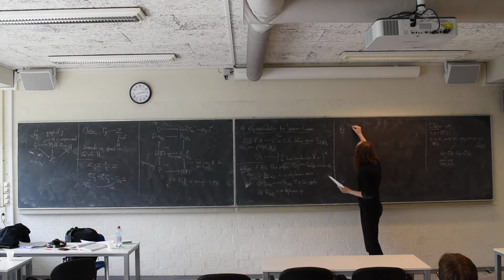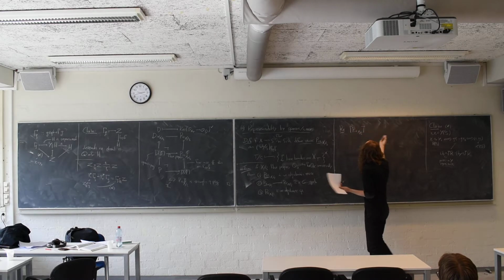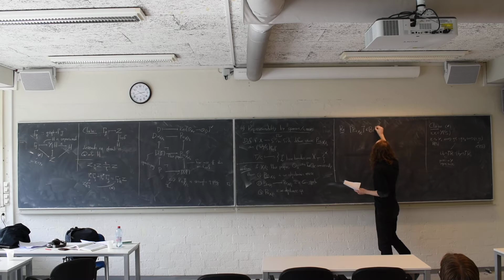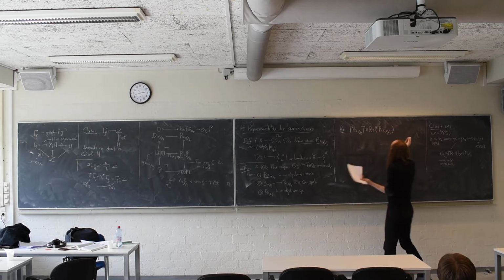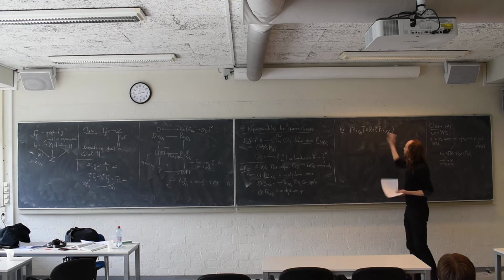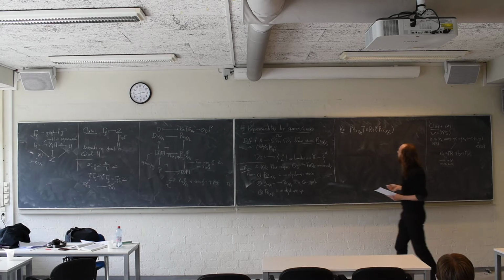Almost. So this G_m gives a Brauer class, whenever that makes sense, on the Picard sheaf, because it's a G_m-gerbe. That's just how that stuff works.